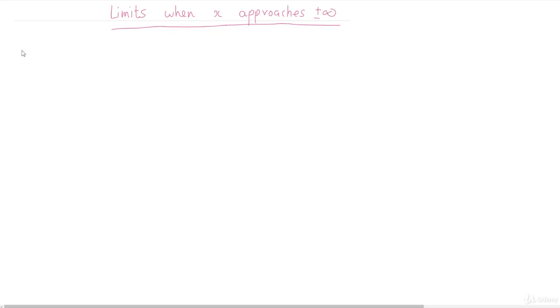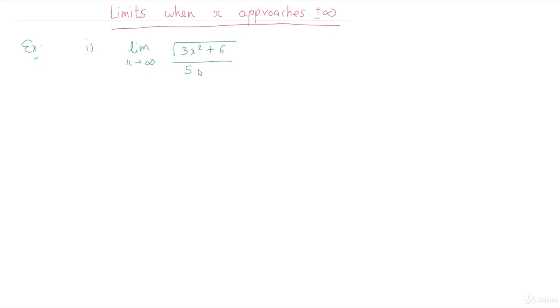So our example is, the first part of it is limit x approaches infinity of the square root of 3x square plus 6, over 5 minus 2x. Okay.